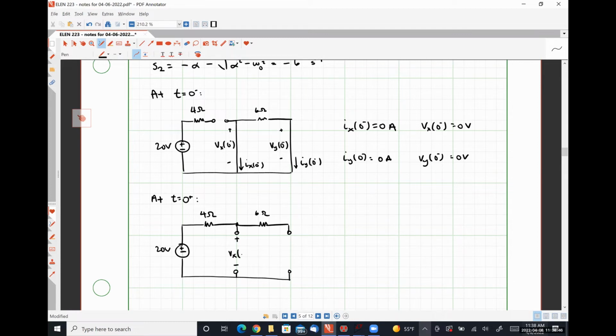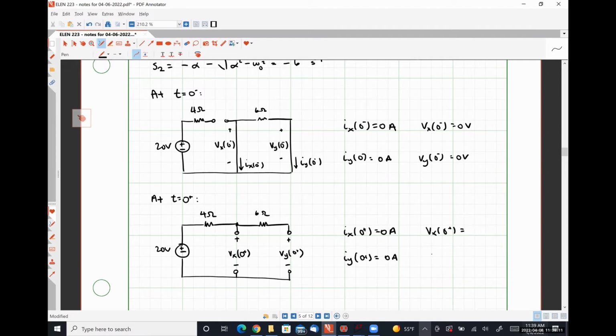So here's Vx of 0 plus. Here's Vy of 0 plus. Ix at 0 plus has to continue being 0 amps because it represents an inductor current. Iy at 0 plus is also 0 amps because it represents an inductor current.